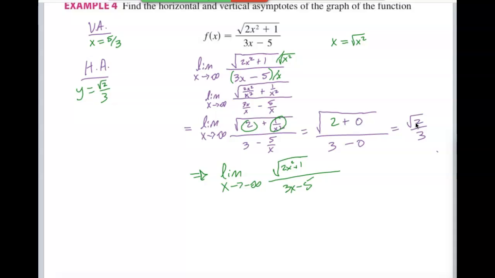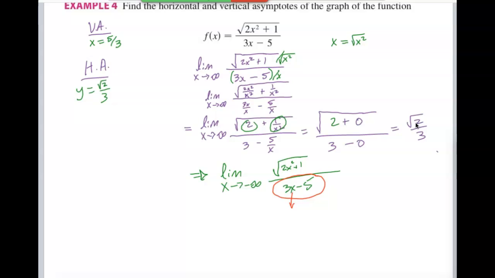What do you know about the sign of the denominator? If I use larger and larger negative numbers, what will the sign of the denominator be? Negative or positive? It has to be negative, right? So if we're plugging in just bigger negative values of x, since we'll have 3 times a big negative number and subtract 5, it's just going to continue to be negative.